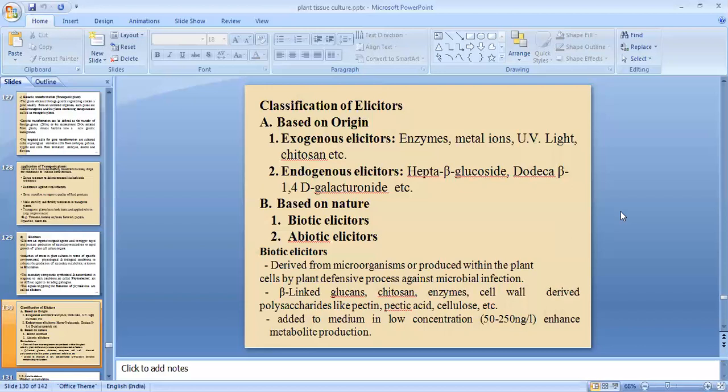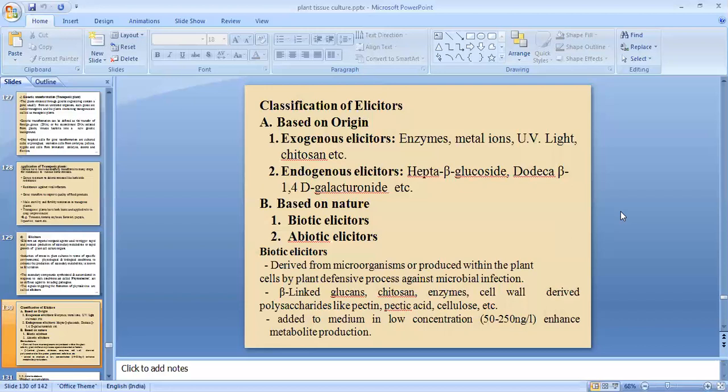It is like the antibodies in our animal tissue: when an antigen enters, the body produces cells against that antigen to fight. Likewise, when the plant is getting infected with microbial infections, it produces some substances within itself to fight against that infection. They are called as biotic elicitors.